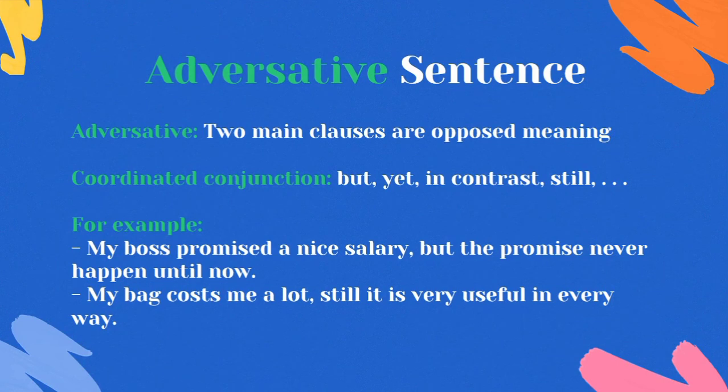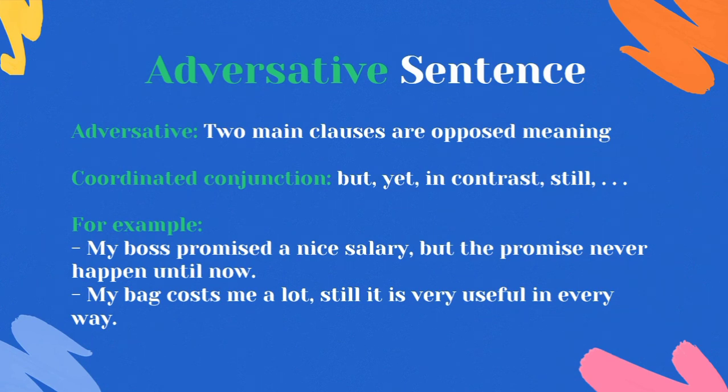The second compound sentence type is the adversative sentence. Adversative has two main clauses with opposed meaning, and the coordinated conjunctions are but, yet, in contrast, still, and so on.